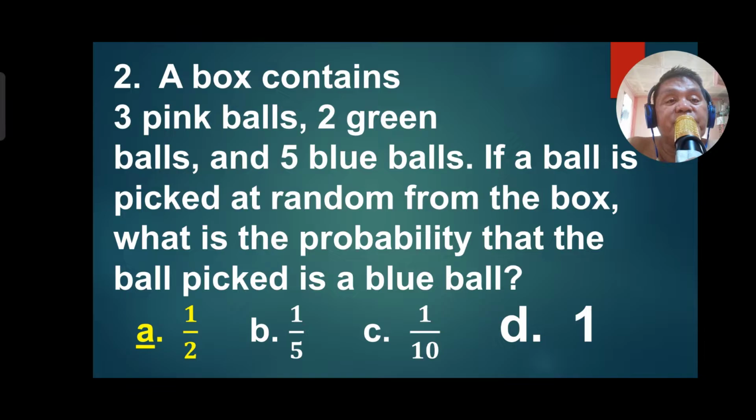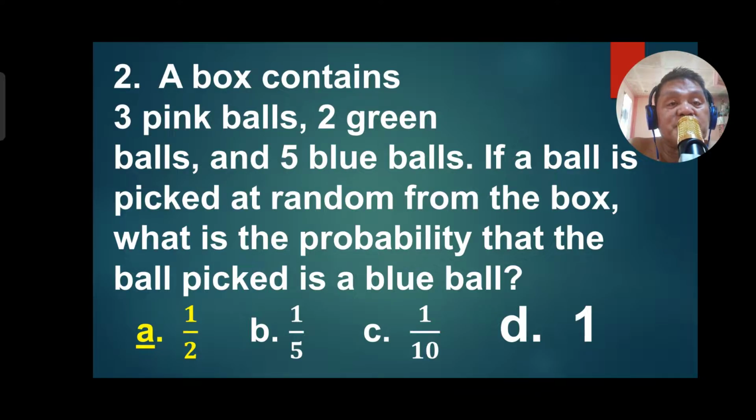Number 2. A box contains 3 pink balls, 2 green balls, and 5 blue balls. If a ball is picked at random from the box, what is the probability that the ball picked is a blue ball?